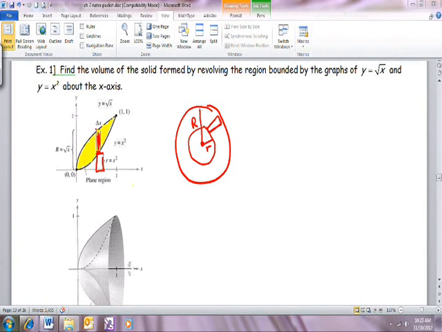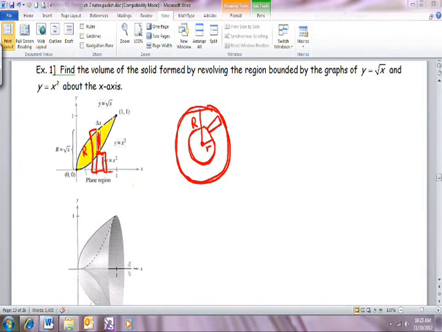So our big radius is our distance all the way from the axis to the farthest part of our rectangle. That's our big radius. And our small radius is from the axis to the closer part of our picture, whatever our rectangle ends up being. So to find this, we end up having a big circle out here minus a little circle.